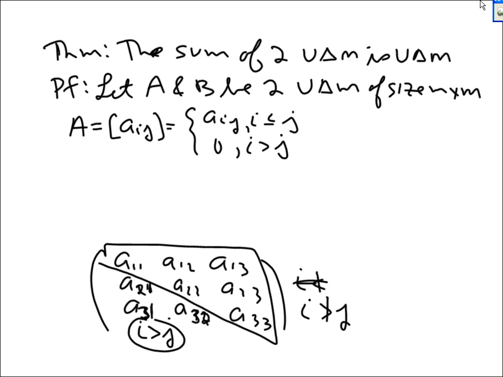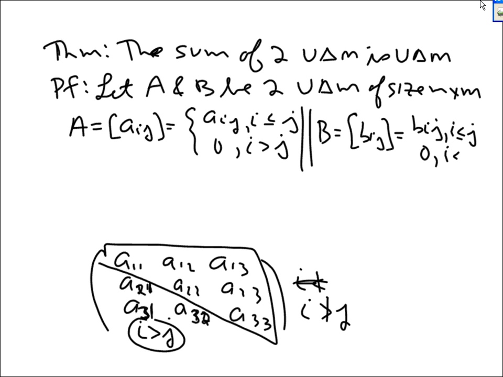I prefer that way. Okay, so matrix B, no reason why it should be much different. You're going to get Bij if i is not bigger than j. You're going to get 0 if i is bigger than j.